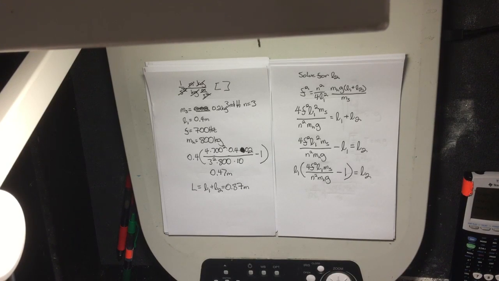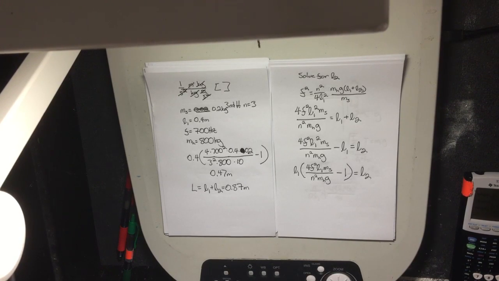So 0.87 is the final answer? Yeah, 0.87, the total length of the string. That would be the question that I could ask. I could ask for what harmonic it's oscillating at. I could ask for what is the mass hanging at the end of the string.